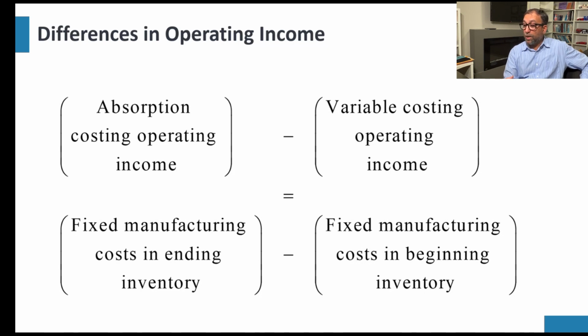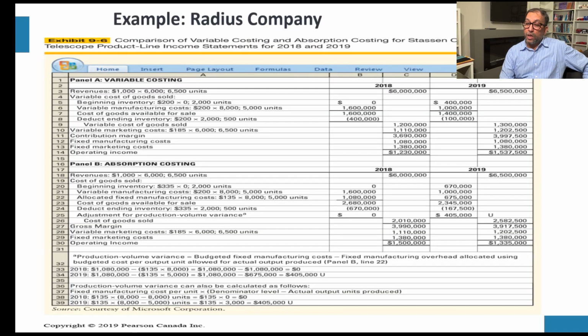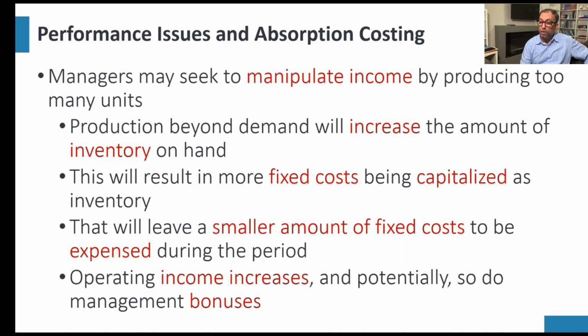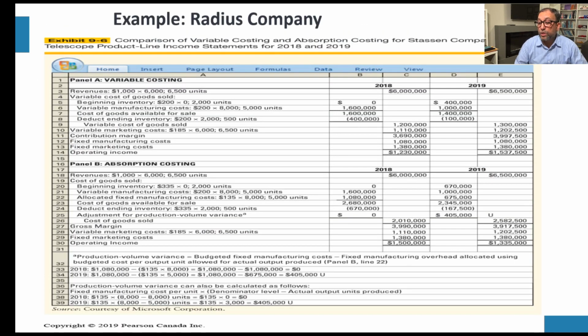So the only difference is because of the fixed manufacturing cost in the beginning and the ending inventory. Now here is an example. If you look at this table, we see here.